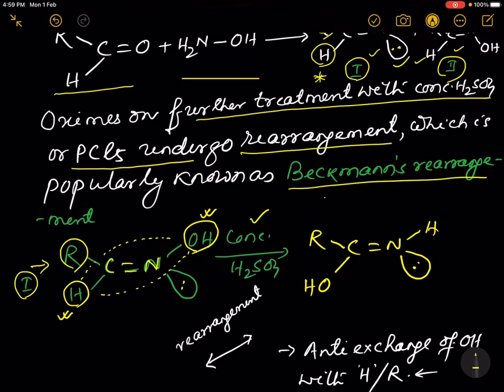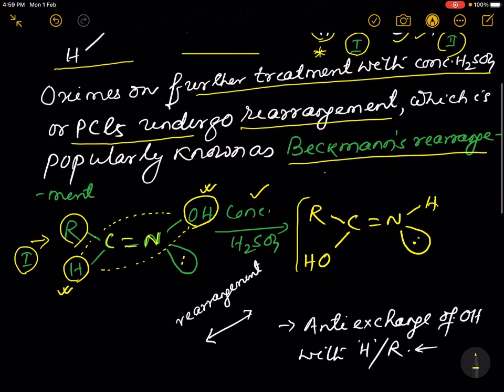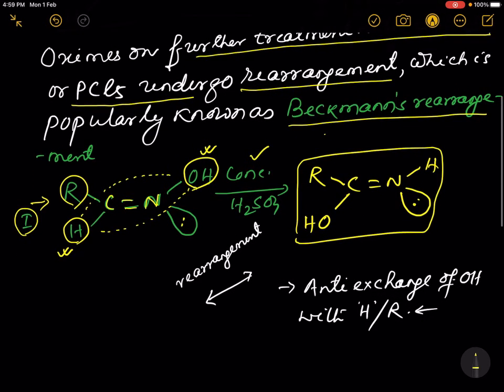This one on rearrangement gives an amide. You see, during rearrangement, this H will be shifted to this position and this pi bond will come to this side. So you are supposed to get an amide.